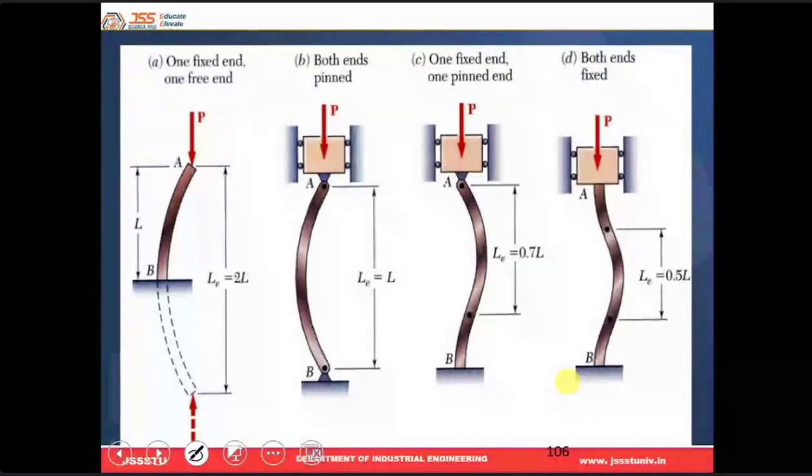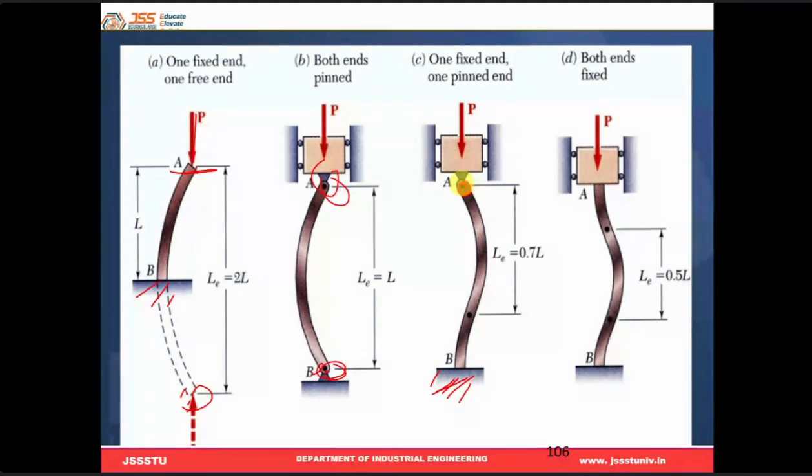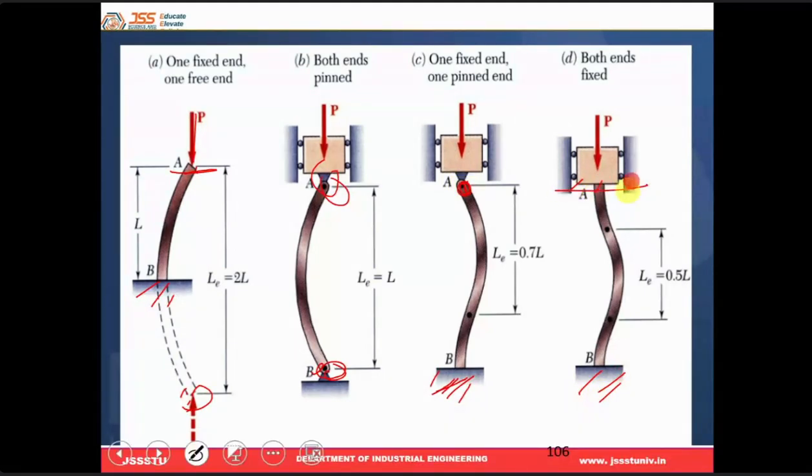One is where one end is fixed and the other end is free, like this. Next, the second end condition is that both ends are hinged or pinned. A hinge is given on both sides, they are pinned. We call that both ends pinned. The other condition is that one end is fixed and the other end is hinged, like this. The third condition is that both ends are fixed, and the load is always applied at the top. So these are the four important end conditions that come in any column in a practical way.